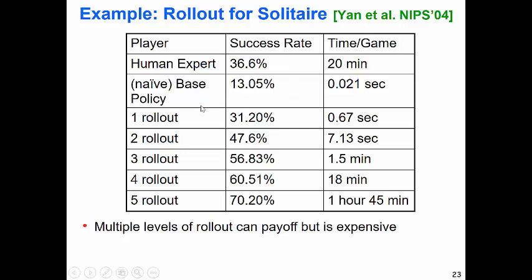They started with this naive base policy, just a simple rule-based policy, and they applied multiple stages of rollout, eventually getting pretty good performance, a lot better than the human. That was a nice example of where you don't put a lot of thought into your base policy, and you could have spent months trying to improve that base policy by including more rules.